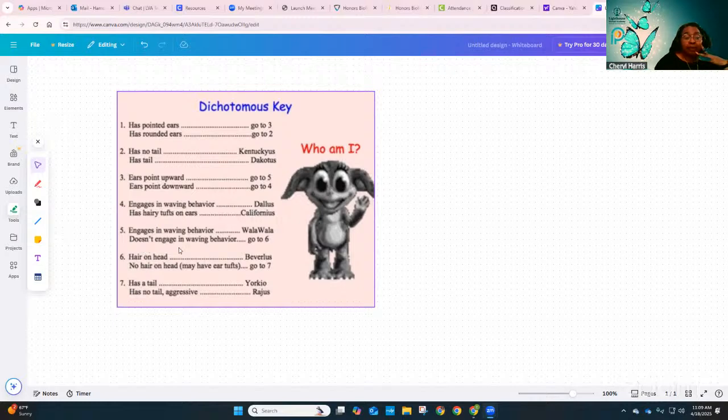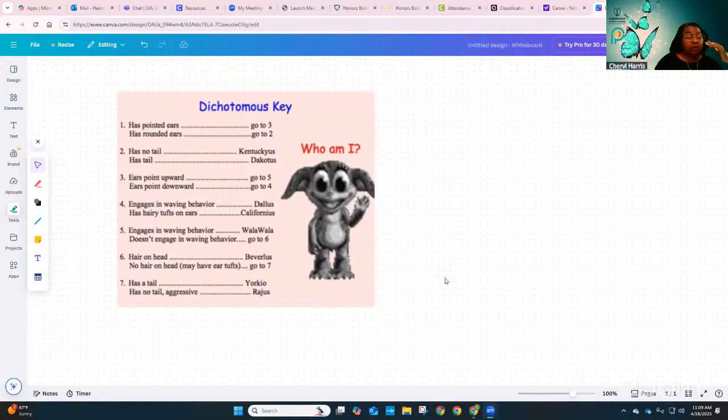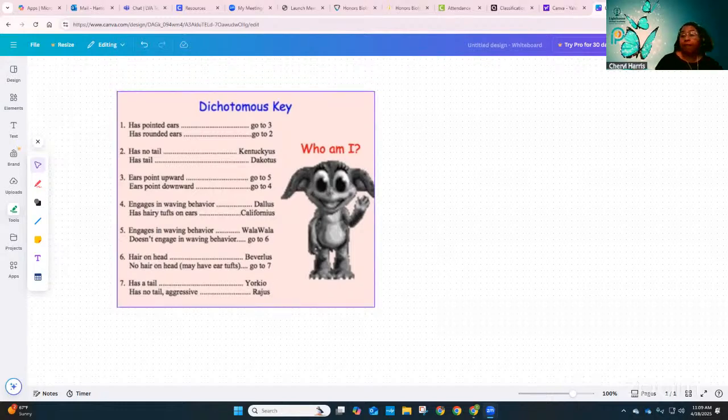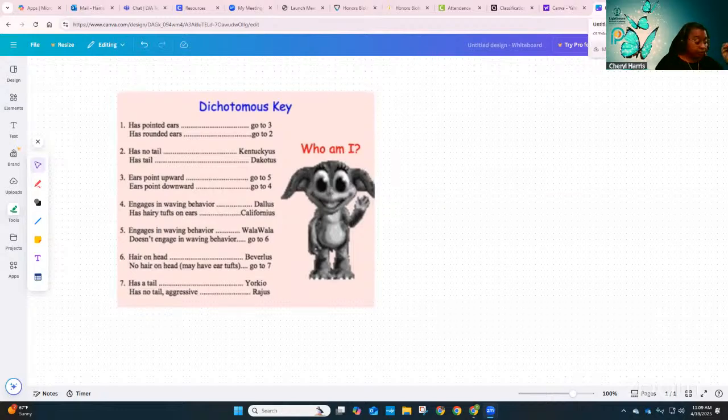Okay. And so the other ones, we don't have to worry about them, because if it stops with an identification, that's where you stop. Okay. So that's the answer to that question on your worksheet. I just pulled this one up separately. That's number 12 on your worksheet.